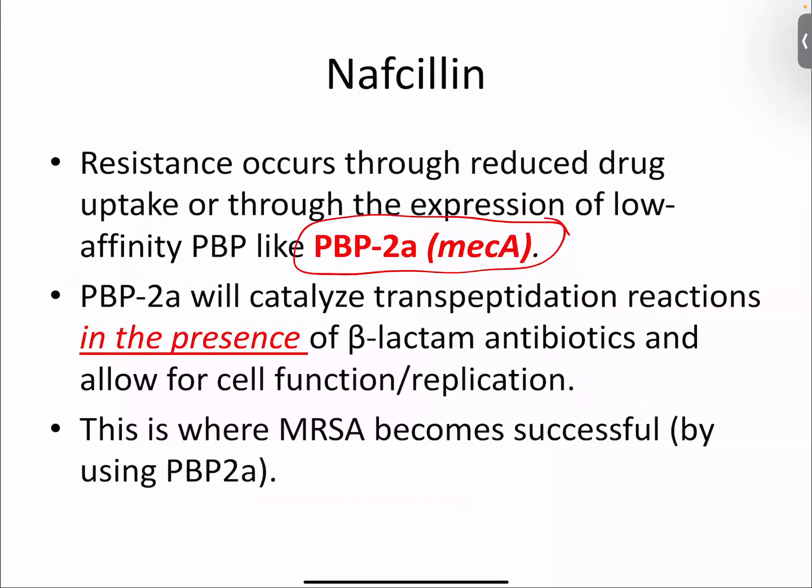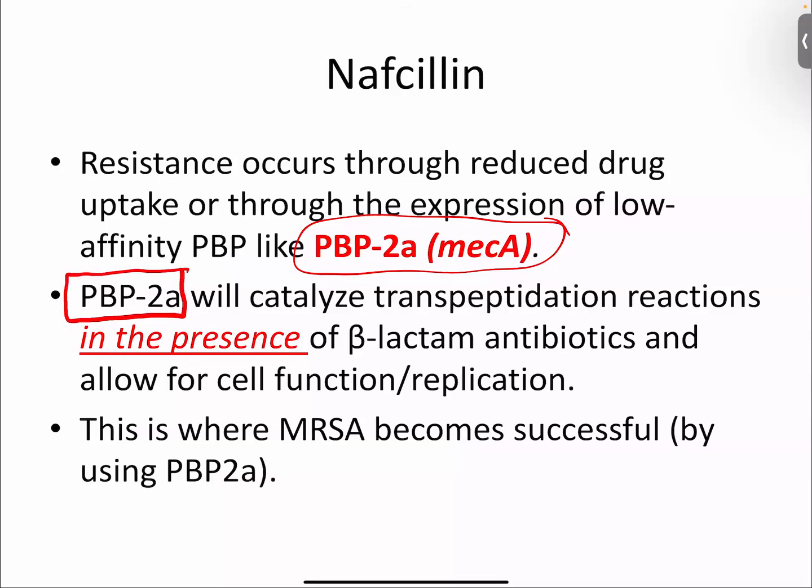All right, but we did say that the MECA gene doesn't really care so much about what size the molecule is, especially coming off that 6th position. So what the MECA gene does is it encodes for a protein that we call penicillin binding protein 2A, right?